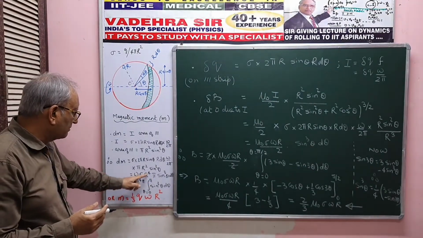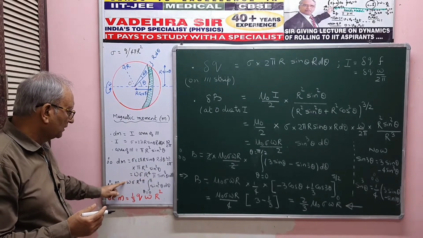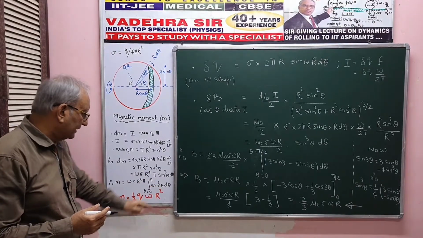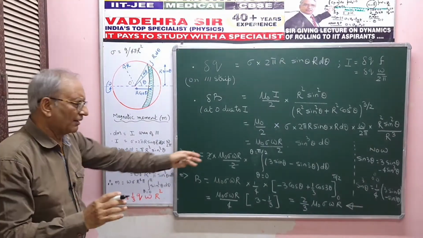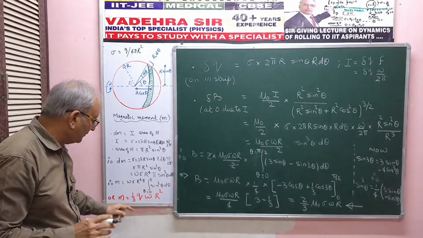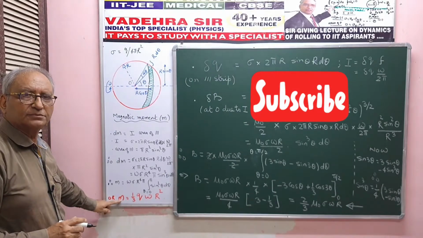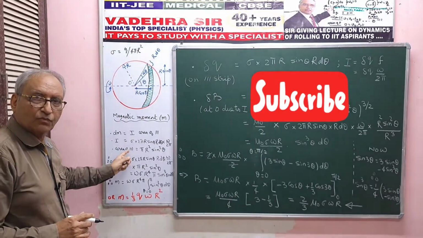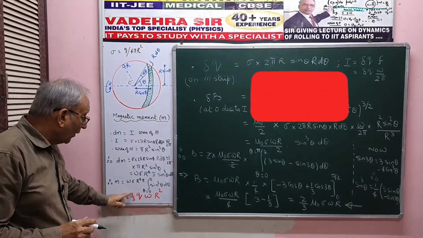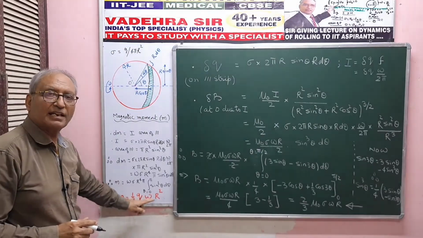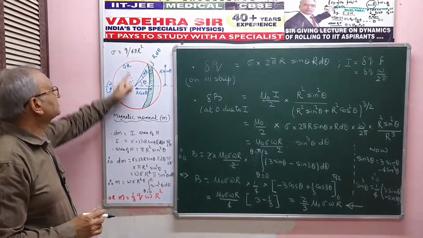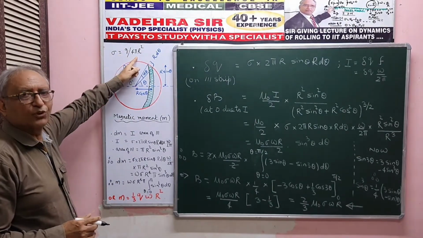So omega sigma r to the power 4 pi goes out, and integral sine cube theta d theta. We have already done that. You can do that yourself. I give you the final answer. The magnetic dipole moment for the entire system is 1/3 Q omega r square, where Q is sigma into 4 pi r square.